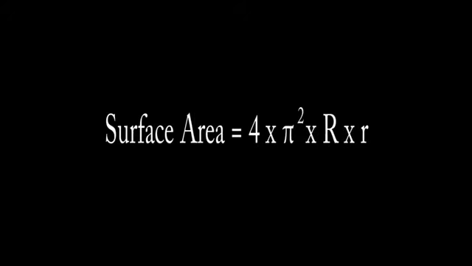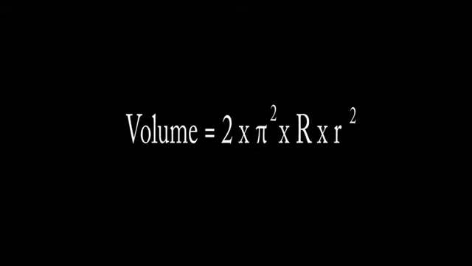To find the surface area and volume of torus, the formula is surface area equals 4 times pi squared times bigger circle radius times small circle radius. Volume equals 2 times pi squared times bigger circle radius times small circle radius squared.